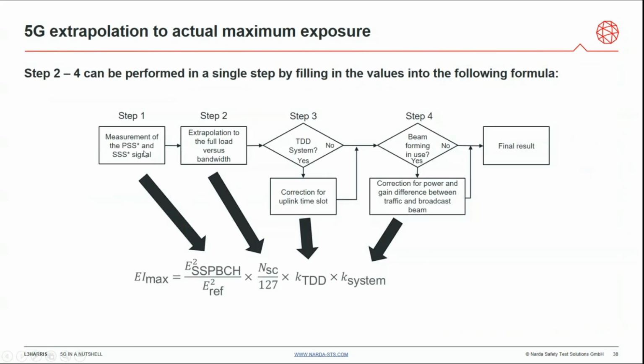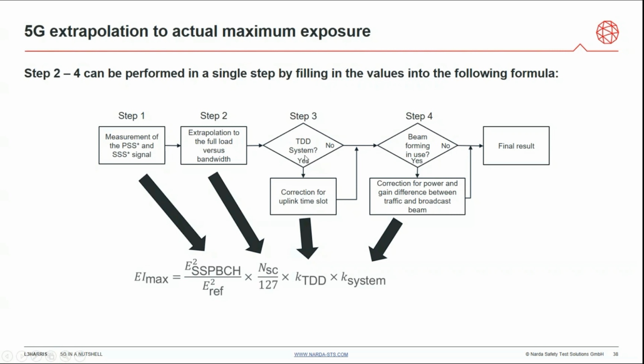So here it's shown. You take the measurement results, then you do the extrapolation to the full load versus bandwidth. So you multiply it by the full frequency bandwidth of the 5G band, which could be 20 megahertz, or in the widest case up to 100 megahertz.